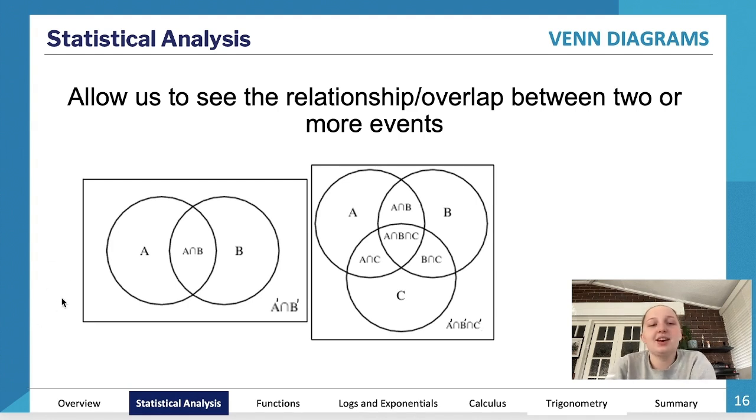Now, something that a lot of people miss or forget to do when drawing a Venn diagram in an exam, or even when practicing for exams, is to include a box around it for the probability that neither event occurs. We've got A dash, which we know is the probability that A doesn't occur, and B dash, which is the probability that B doesn't occur.